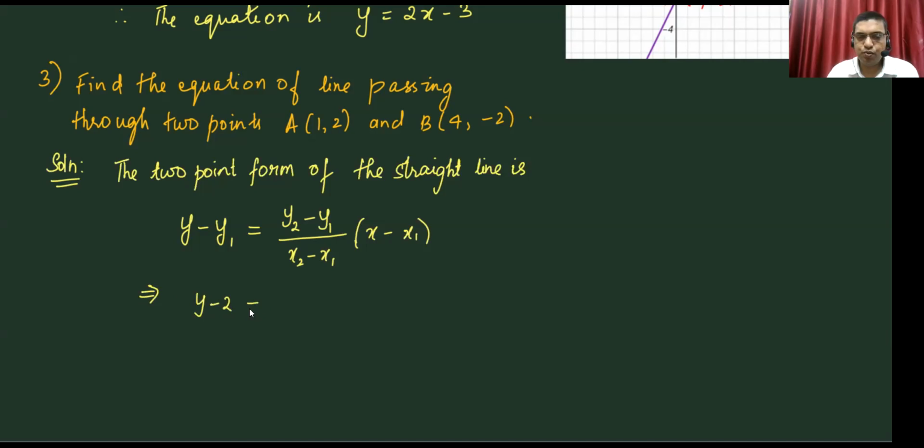Y minus 2 is equal to y2, y2 is -2, so minus 2. I had a question: what advantage do we get after we use a 2-point equation instead of a 1-point equation? No, it is 1 point. If you have 1 point, along with that you should have a condition, because 2 conditions are required to find the equation of the line.